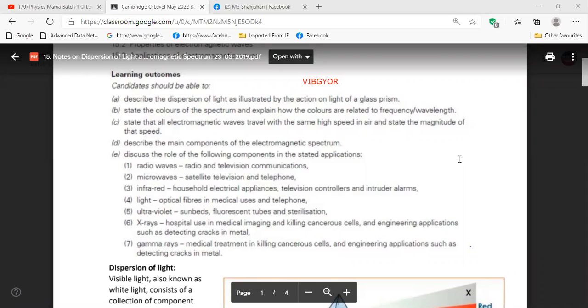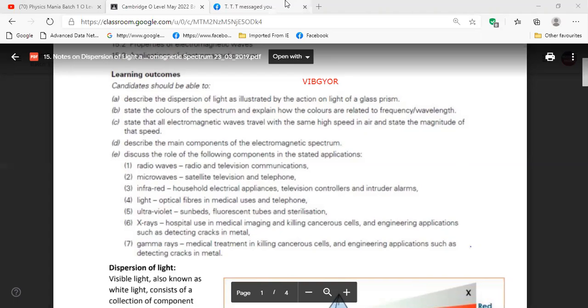C. State that all electromagnetic waves travel with the same high speed in air and state the magnitude of the speed. D. Describe the main components of the electromagnetic spectrum. E. Discuss the role of the following components in the stated applications. Sir, can you give me the file again? Yes, yes.